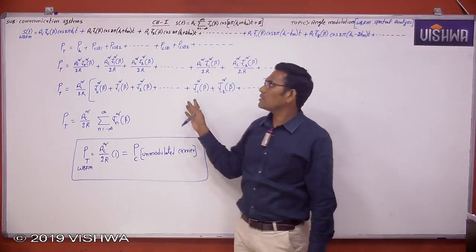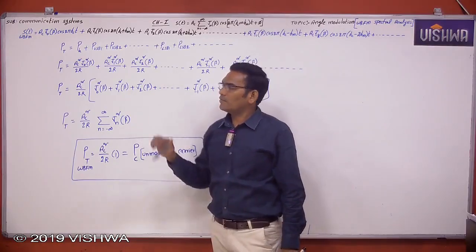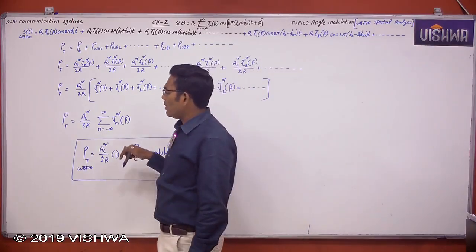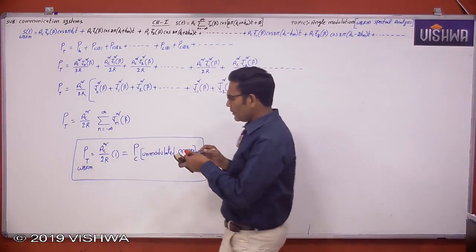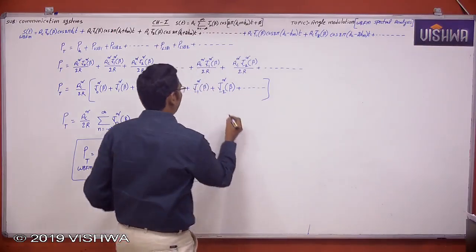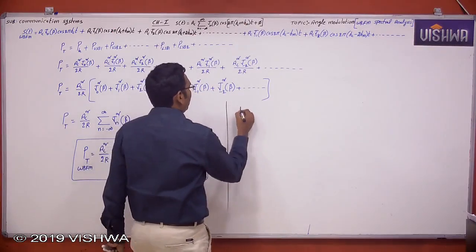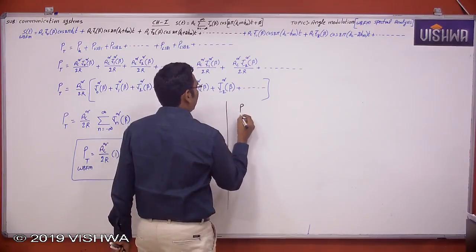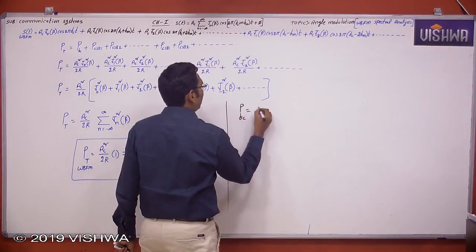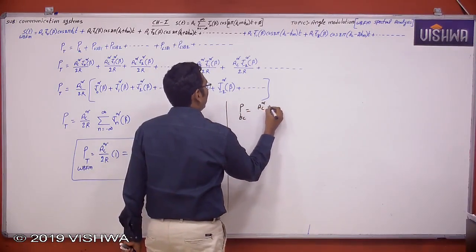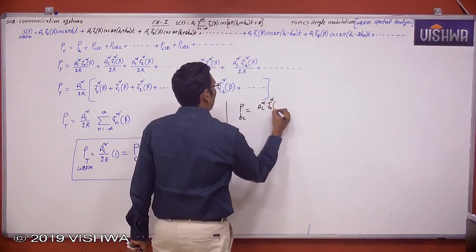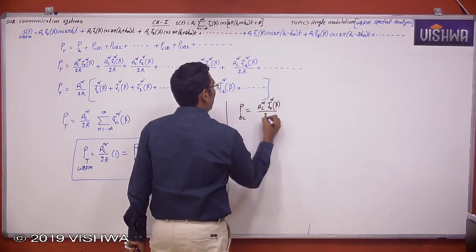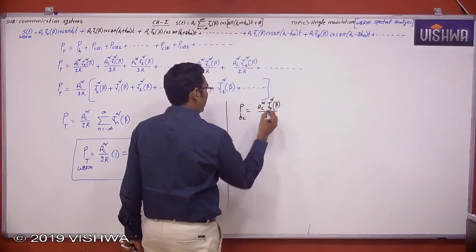Okay. Now, this is the power calculation of wideband FM. Now, similarly, what is the power taken by the carrier? The power taken by the carrier is Ac squared J0 squared of beta by 2R. It depends upon the Bessel function coefficient J0 of beta.